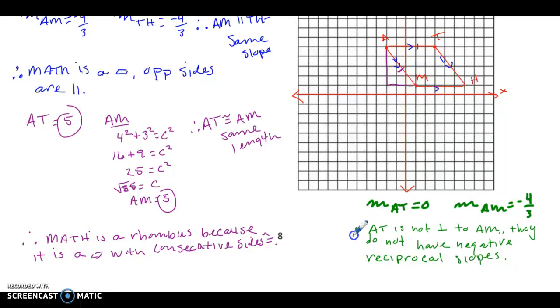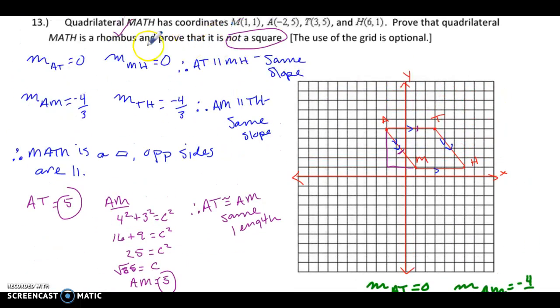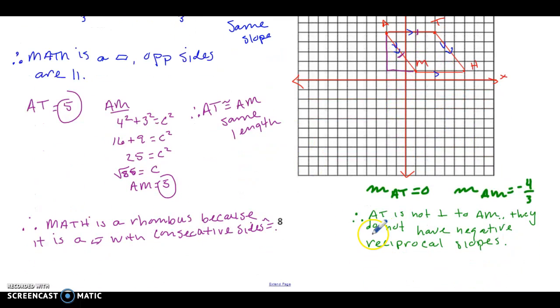Okay, so I realize this is a lot of writing here, but we're almost done. Bear with me. Our last part is to say that it is not a square because two sides are not perpendicular. It does not have all right angles. So you can do it right under here if you want, wherever, somewhere at the bottom.